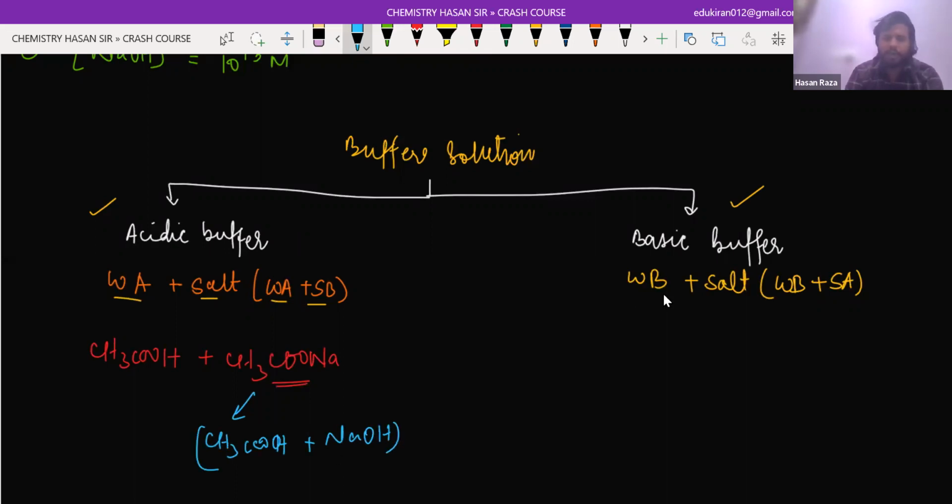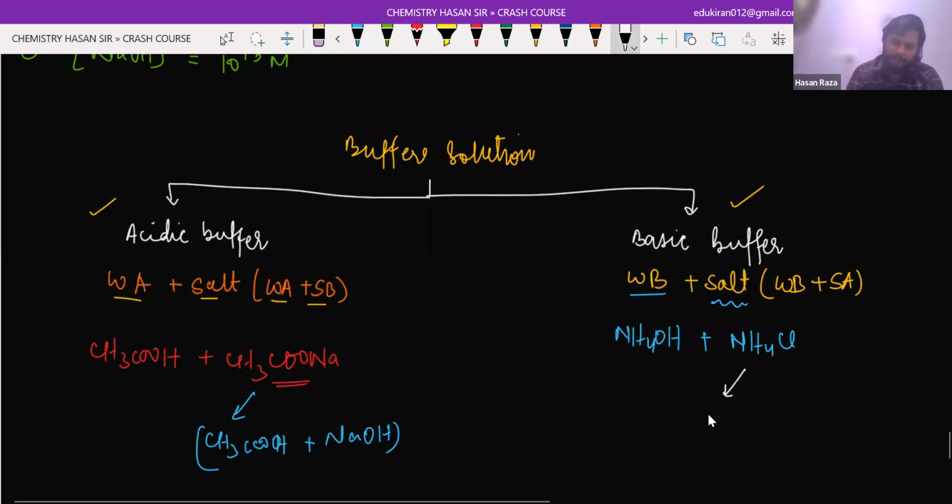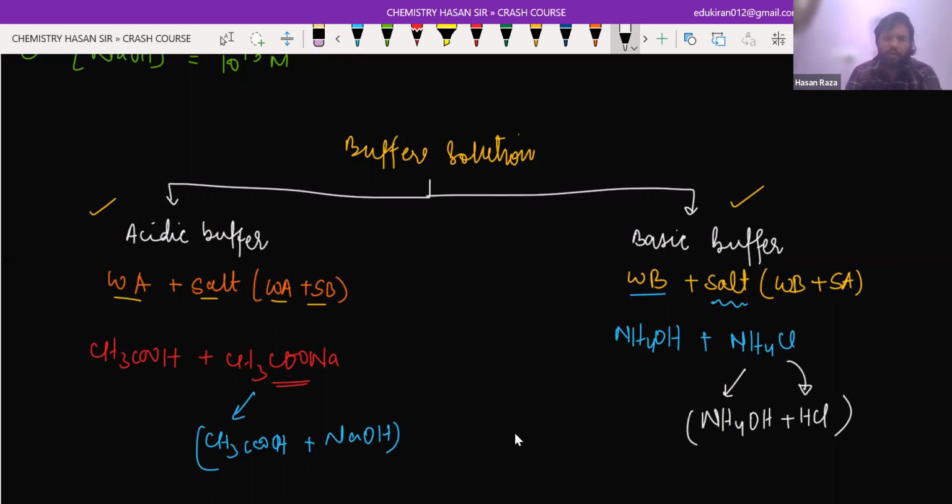If you are going to take an example of a weak base, we can take NH4OH. NH4OH is a weak base, and the salt is of this weak base with a strong acid. You can see here the base is weak, which is NH4OH, and the acid is strong. So this is the combination. You have to recognize which one is an acidic buffer and which is a basic buffer.